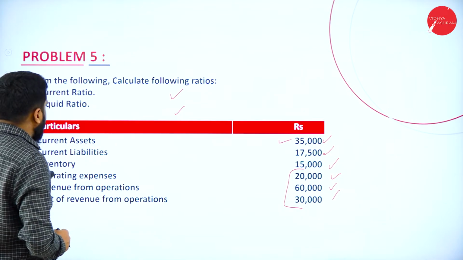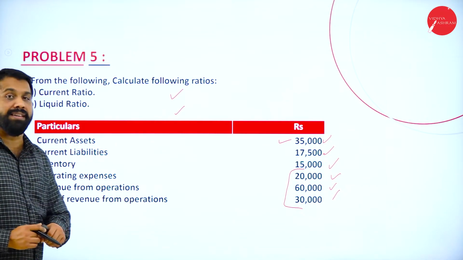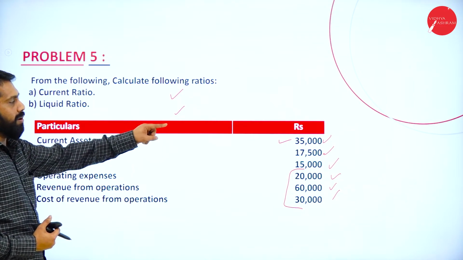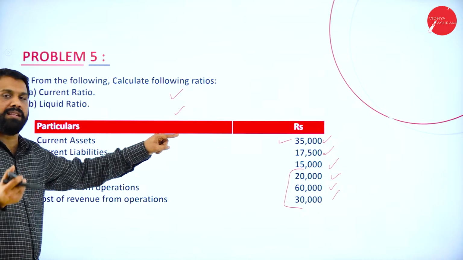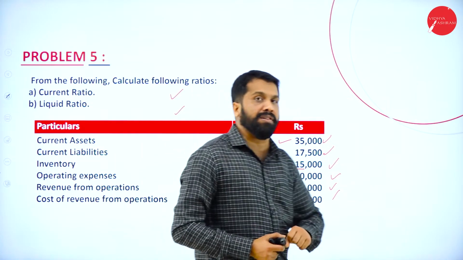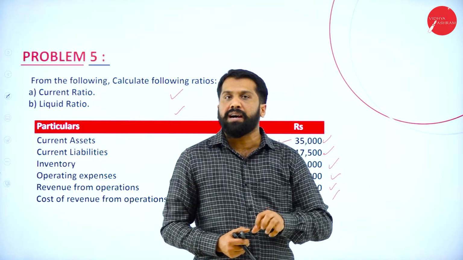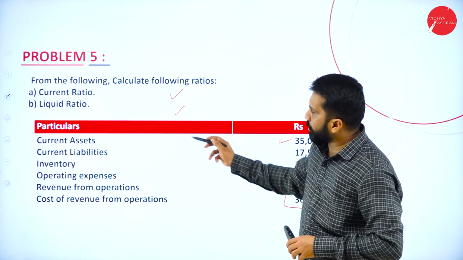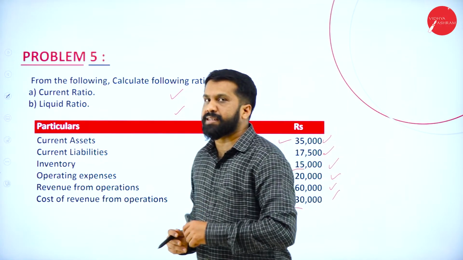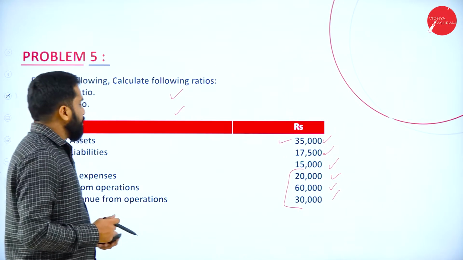Your current asset is 35,000. We have not considered inventory. Why? The reason is, it is assumed that the 15,000 is already included. They have given current asset and they have given inventory also. We assume the 15,000 is already included in the current asset. That's why we will not consider it again.